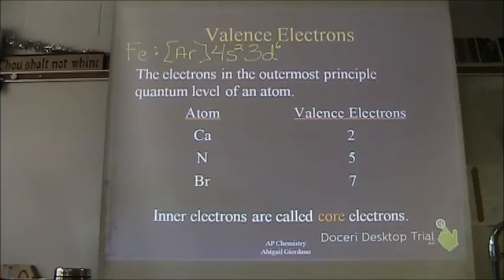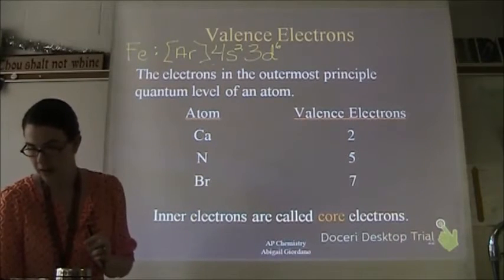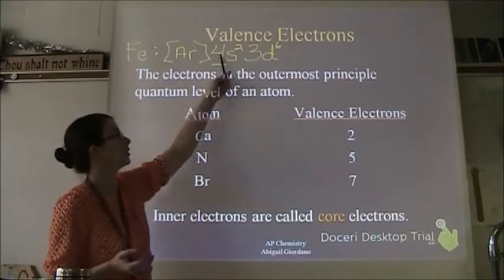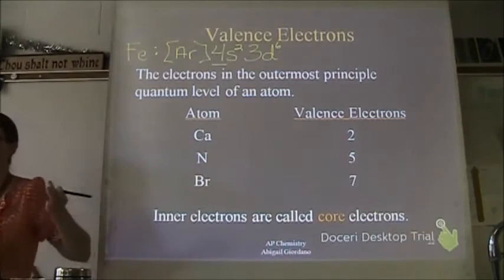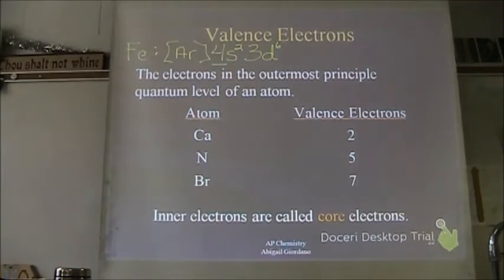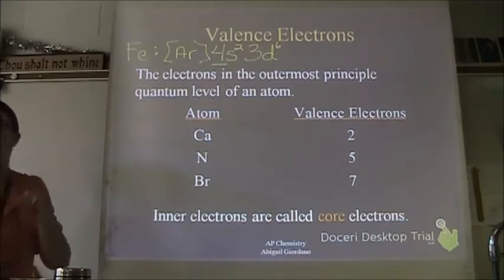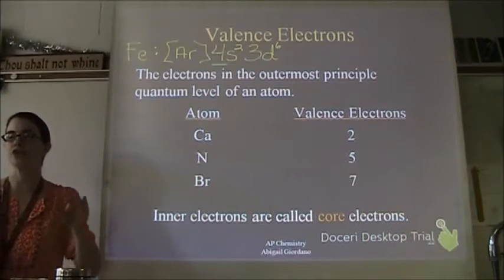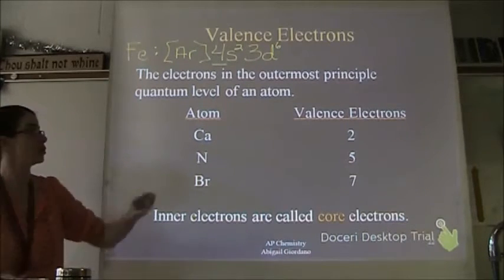Which one is that for iron? Is that energy level 4 or 3? 4. Okay. So whichever is the highest number. So for iron, as our example, iron's valence energy level is energy level number 4. Please tell me how many electrons are sitting on iron's energy level 4. 2.